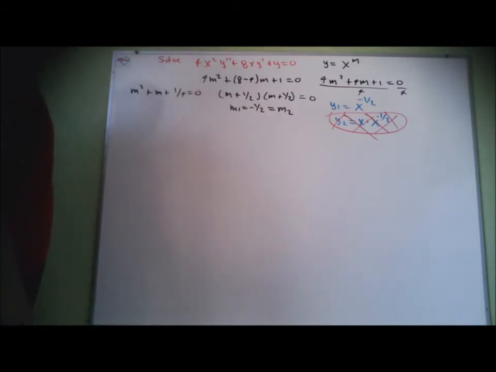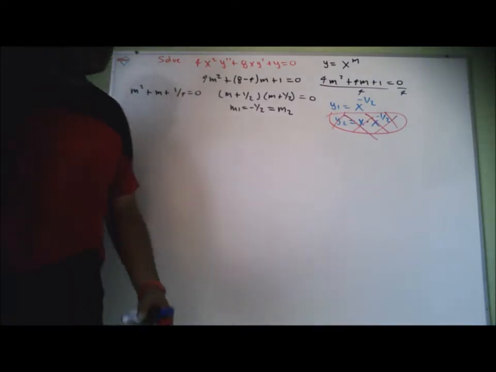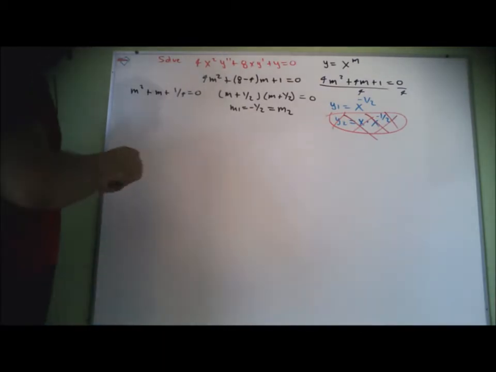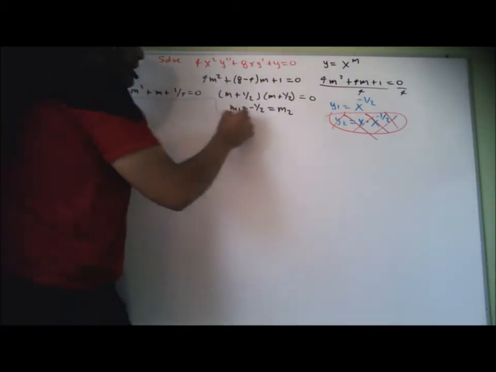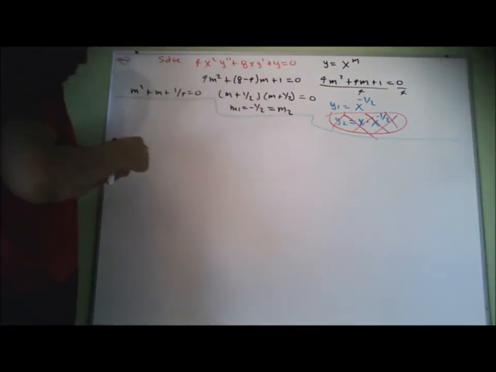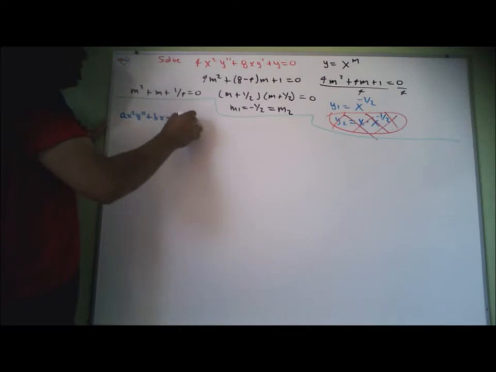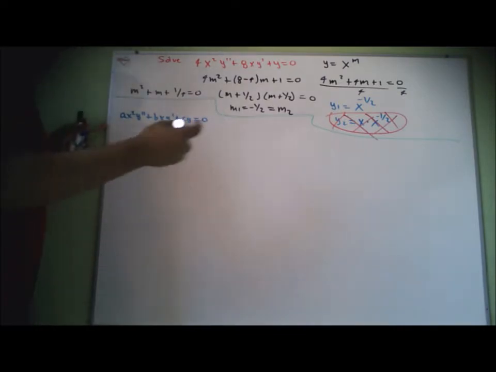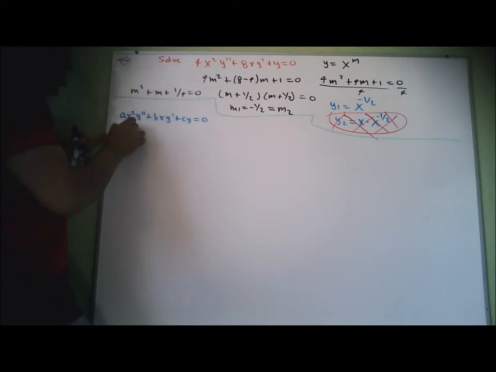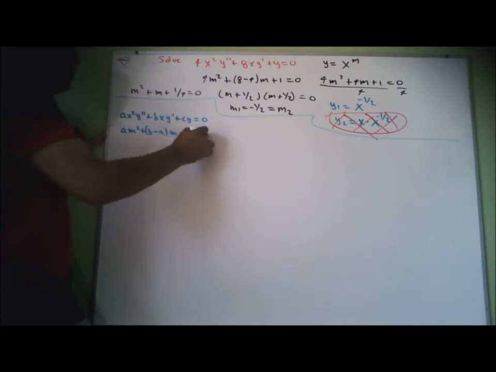So what is the methodology to get the second solution? Okay, to do so, let's do the procedure to find the second solution. I'm going to make the general case. So assume that you have this differential equation: a x squared times the second derivative plus b x times the first derivative plus c y equal to 0, and then your characteristic equation is going to be a m squared plus (b minus a) m plus c equal to 0.